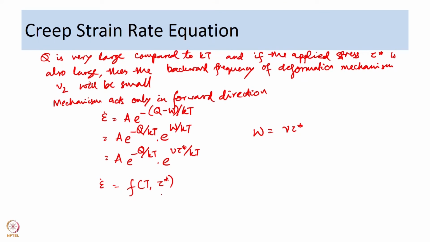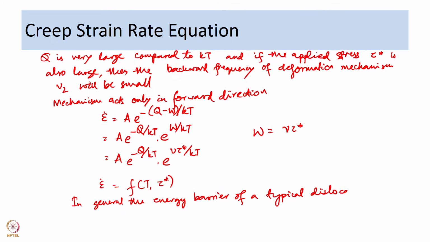In general, we are talking about the energy barrier Q of a typical dislocation reaction. The energy barrier is of the order of 1 electron volt or larger.